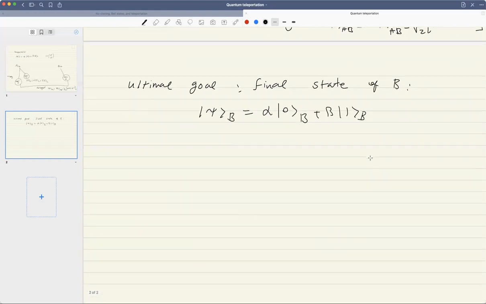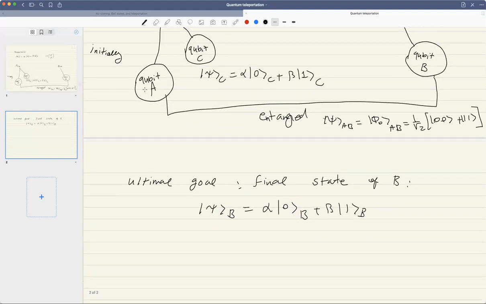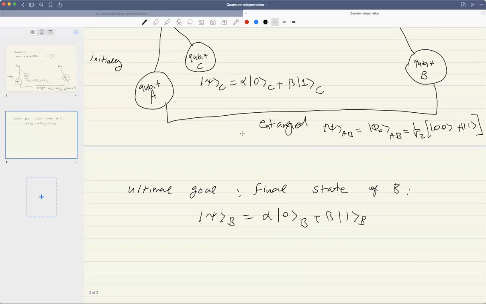And then Alice is going to perform some partial measurements on the 2 qubits she has access to. So she has access to A and C. And the idea is if she does this measurement in a basis such that the projected result is an entangled state between A and C, after the measurement, A and C become entangled.